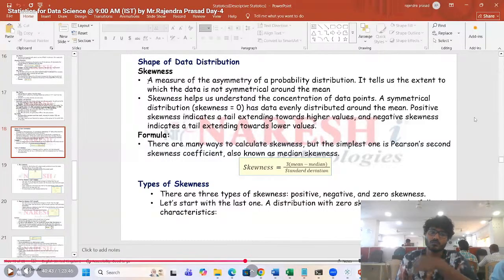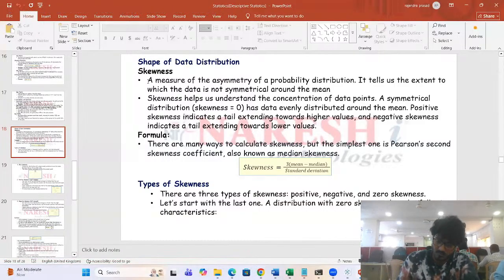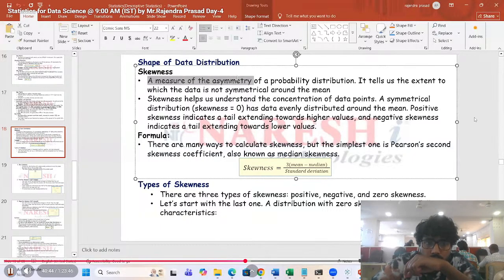See, skewness is a measure of asymmetry.